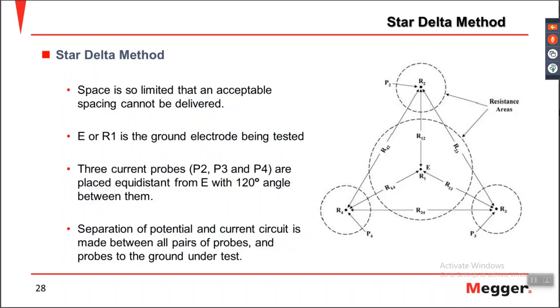In the picture you can see here, we want to measure this ground E, and then you can do measurements at different angles, a 120-degree angle between them.